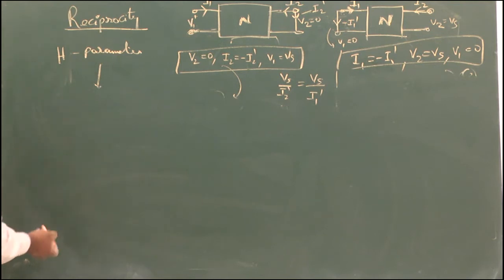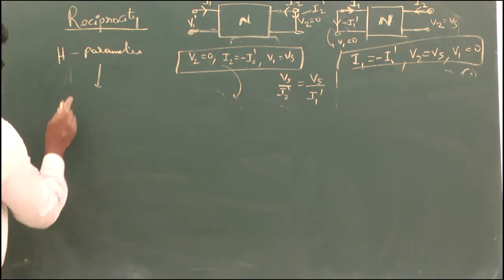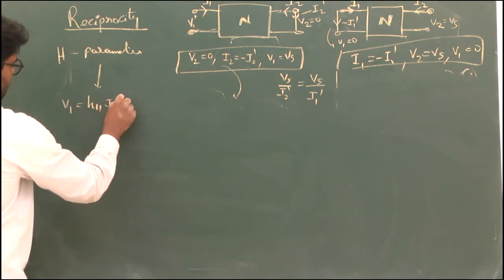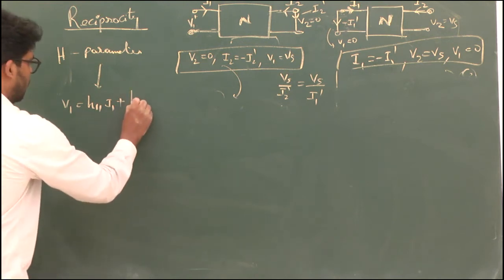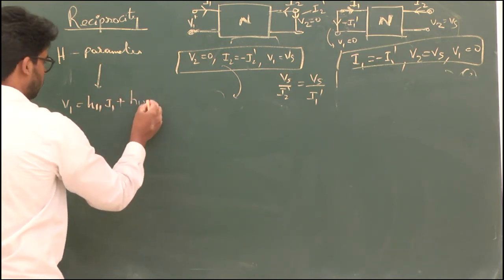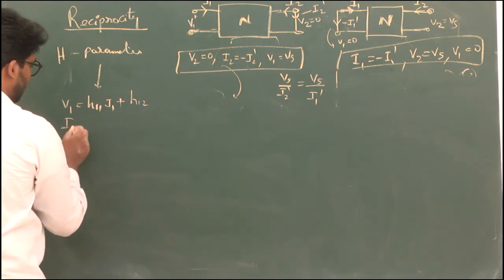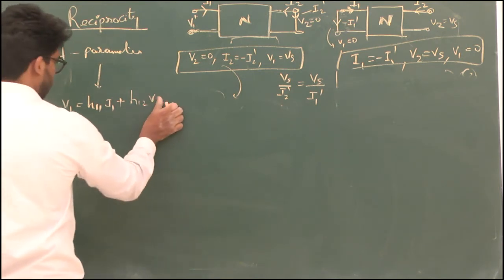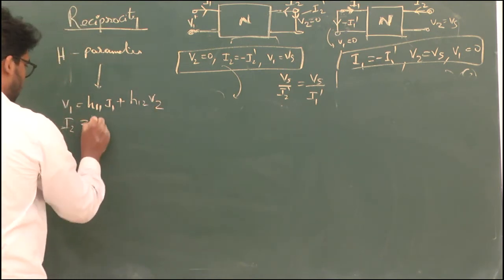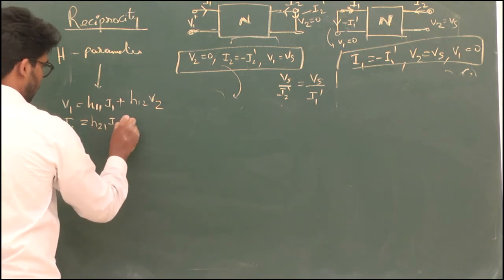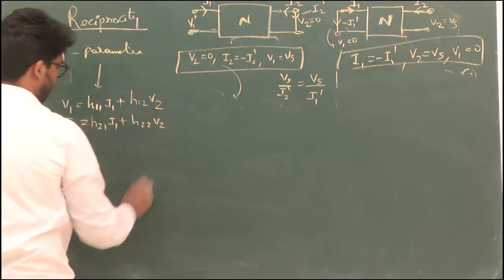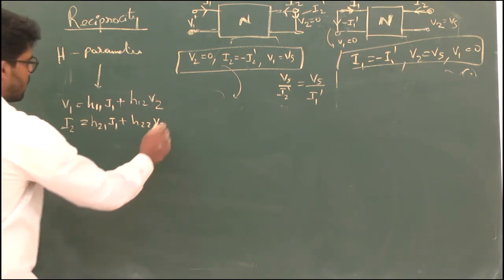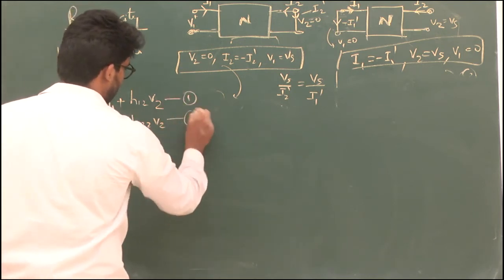So what are the h parameters you have? We have V1 equal to h11 I1 plus h12 V2, and I2 equal to h21 I1 plus h22 V2. So these are the h parameters we have. Let us say this is equation 1 and this is equation 2.